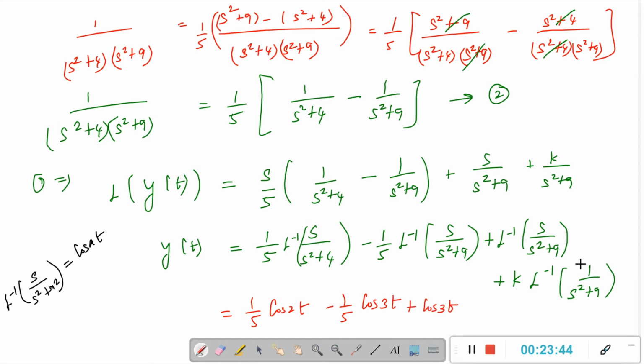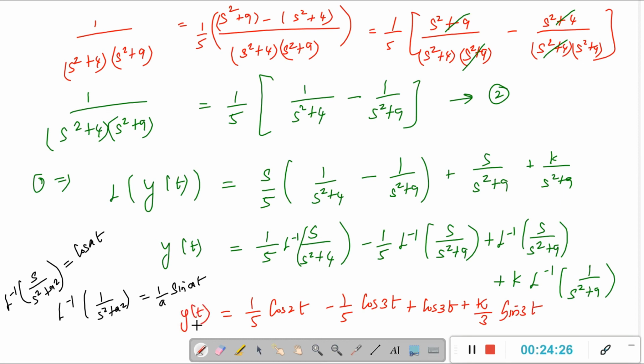But here in the numerator you have a 1, so you have to use this formula: L inverse of 1 by s square plus a square equal to 1 by a sin at. If you apply the formula, you may get plus k by 3. So here 9 is there, so 9 you have to write as 3 square. So a is 3. So k by 3 sin 3t. This is y of t.